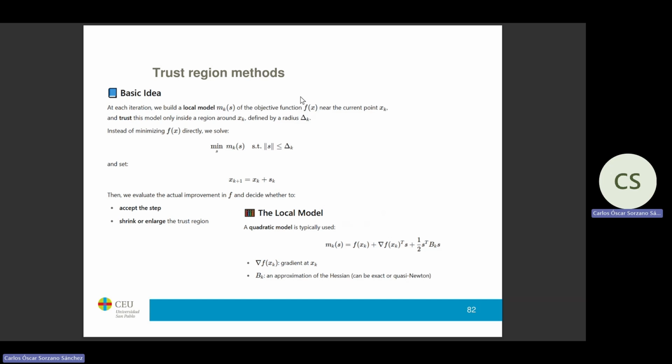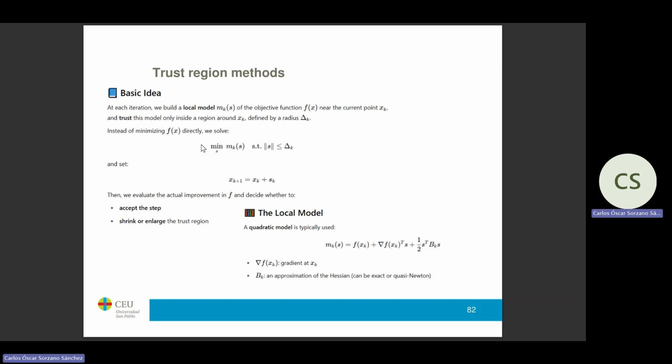This model is supposed to be approximating this one. And you trust this model in a region defined by a radius delta k around xk. So instead of evaluating or trying to minimize f of x, that is a complicated function, you minimize your model subject to the displacement with respect to the current point having to be smaller than the trust region radius.